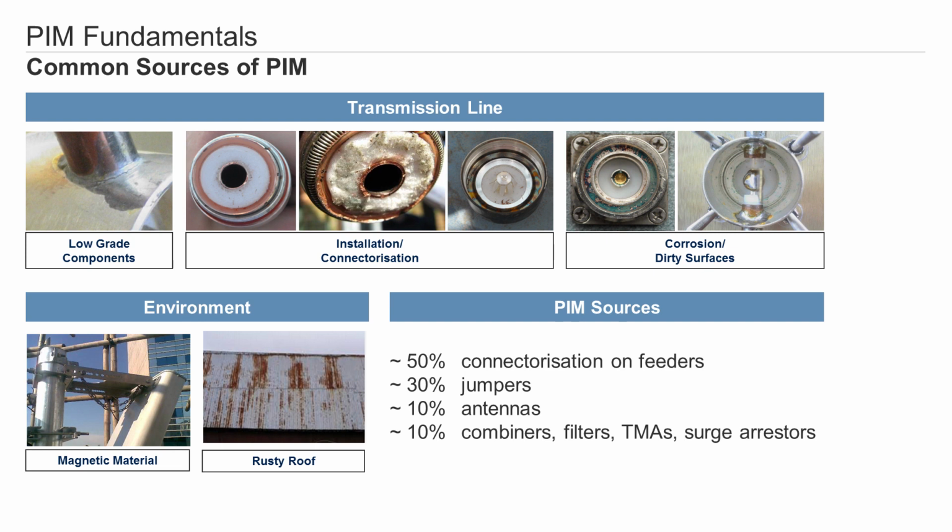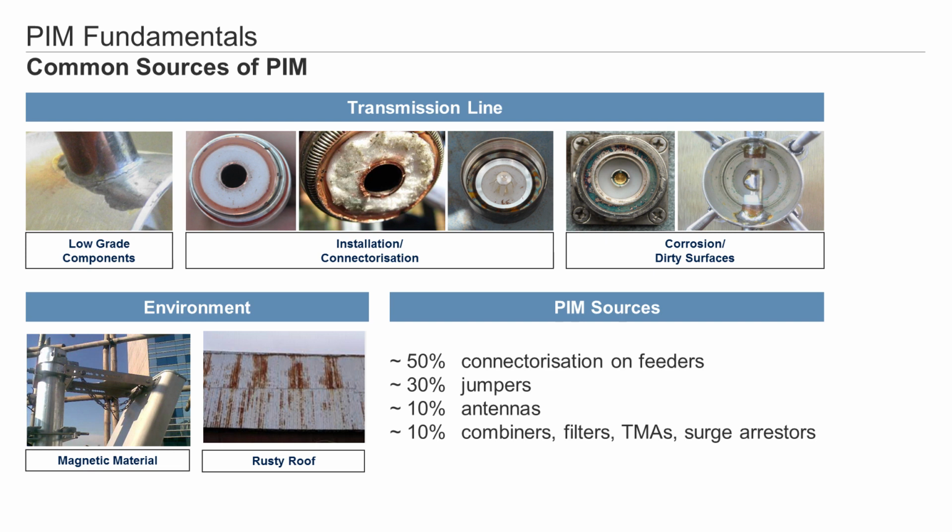Internal PIM is mainly caused by bad connector preparation and installation, not enough cleaning during the assembly and installation process, corrosion, and bad soldering. External PIM is created by metallic components which are in the antenna's radiation field. These could be rusty roofs, metal chains, railings, etc.